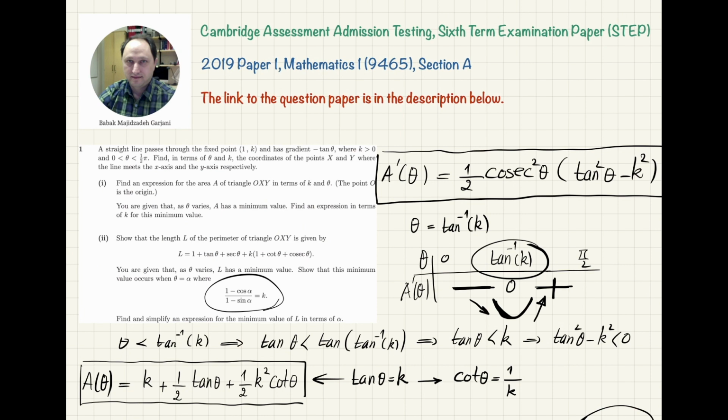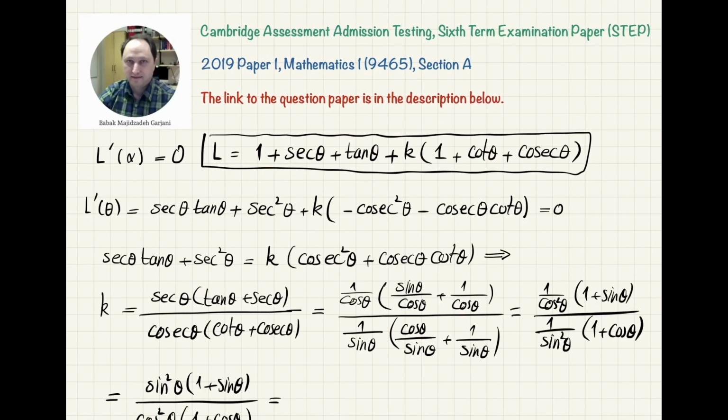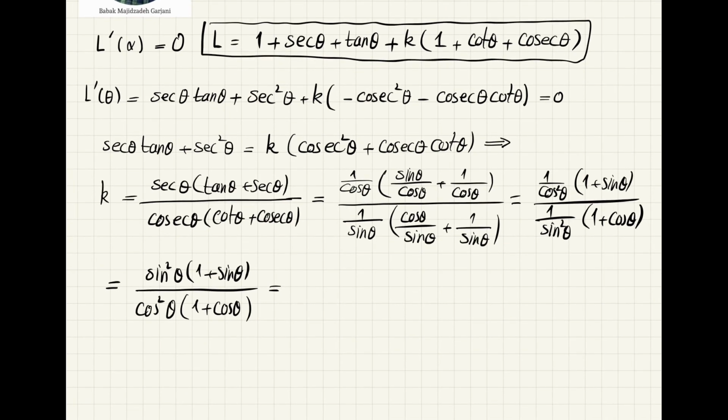I have 1 minus cosine alpha, 1 minus sine alpha. Here I have positive signs, but that's not a big problem. So what can I do? Instead of sine squared, I can write 1 minus cosine squared theta, times 1 plus sine theta, divided by, instead of cosine squared, 1 minus sine squared theta, times 1 plus cosine theta.